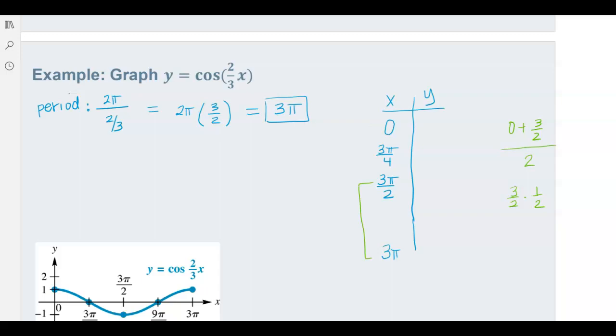So I'm going to add 3 halves plus 3, and then divide by 2. Again, you can just do this in the calculator. Use the fraction button because it'll keep everything in fraction form for you. And I'm getting 9 pi over 4.